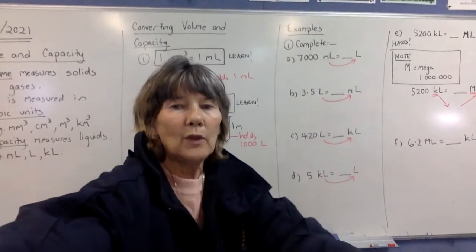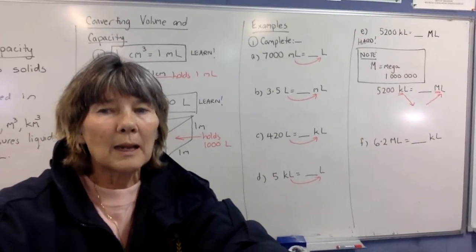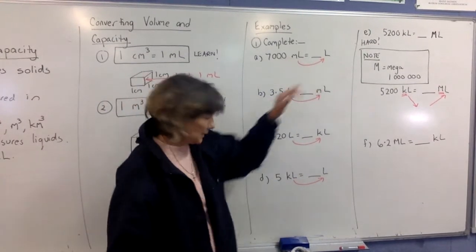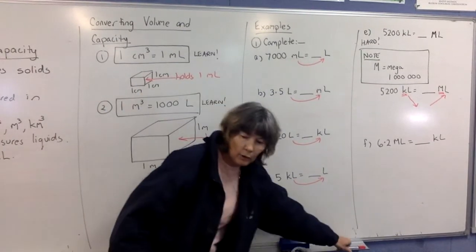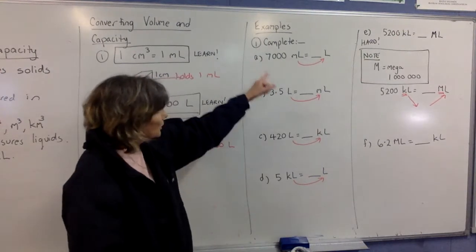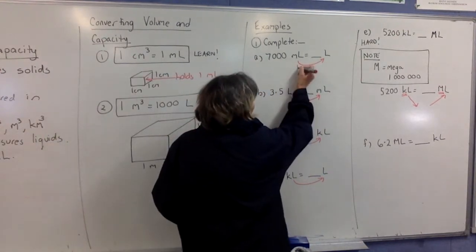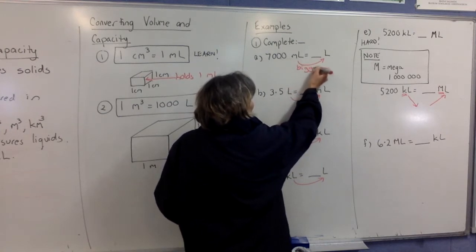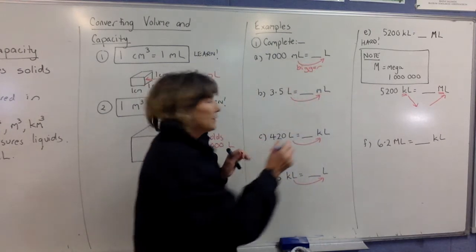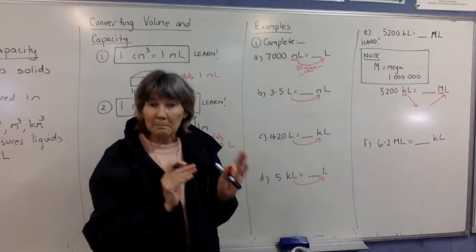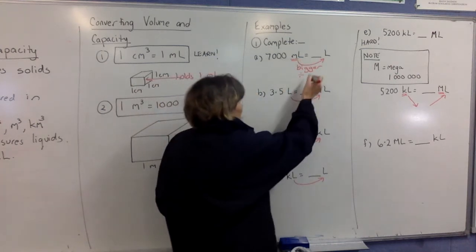All right, so if you have a look at the first example, we're going to complete these. I'm converting from millilitres to litres here. So to go from millilitres to litres, I am going to a bigger unit. And whenever I go to a bigger unit, I'm going to divide. Now, the little m there is milli, and milli is 1,000.